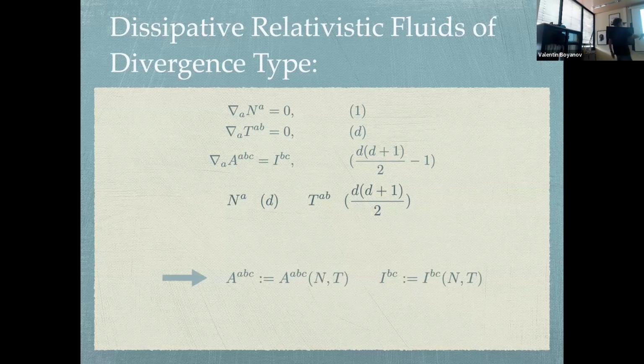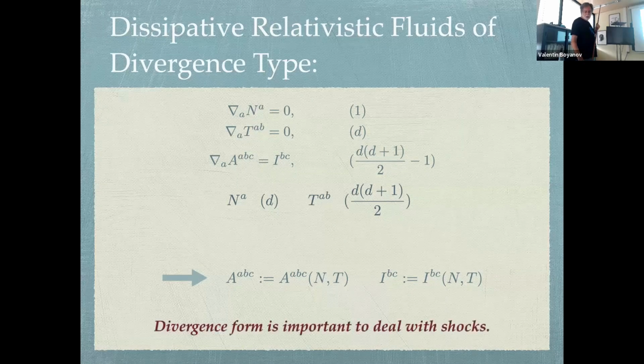So you say, okay, this A has to be a function. And then you propose this, which is the way they build the theorem. Now we want an entropy. We want to have an entropy law, so that the divergence of this entropy is growing. And here I put this because the importance of having a conservation law is that we expect to have shocks, right?